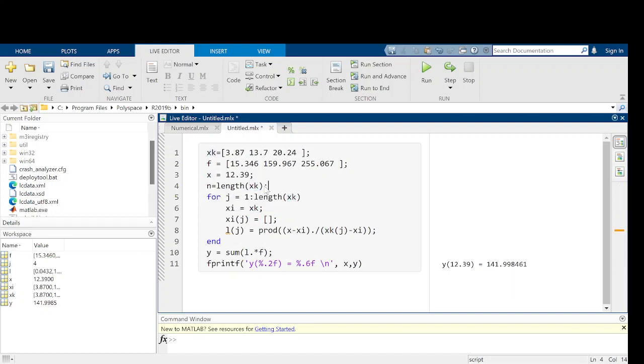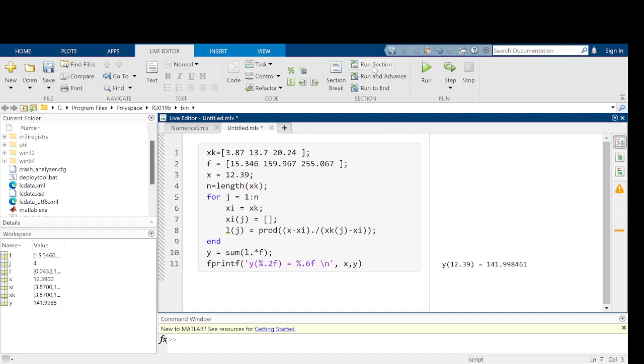I want to constrain the output, so I'll put the semicolon. So here I'll now write for j is equal to 1 to n. Then xi is equal to xk. And then we remove one of the entries there, so that i should not be equal to k. And then we compute the fundamental polynomials, then compute y, and print the output.